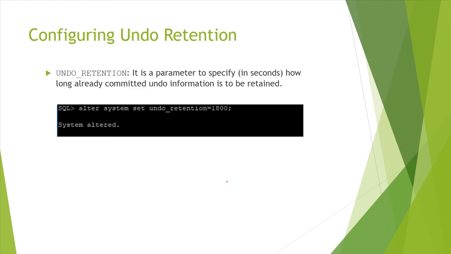You can change the value as you wish by using ALTER SYSTEM SET and the name of the parameter, which is undo_retention equals. In our case, we changed it to 1800 seconds, which means 30 minutes.